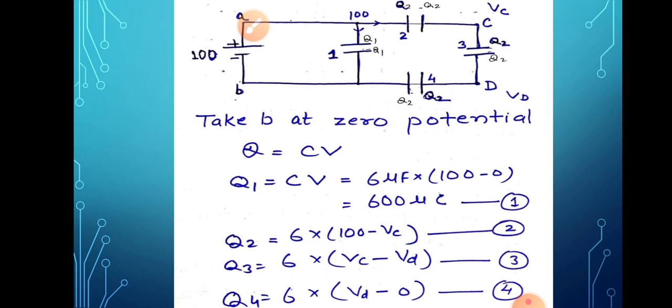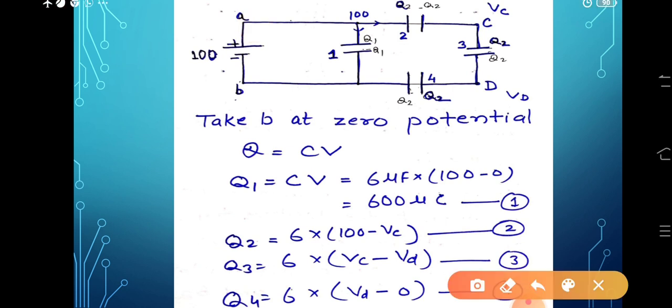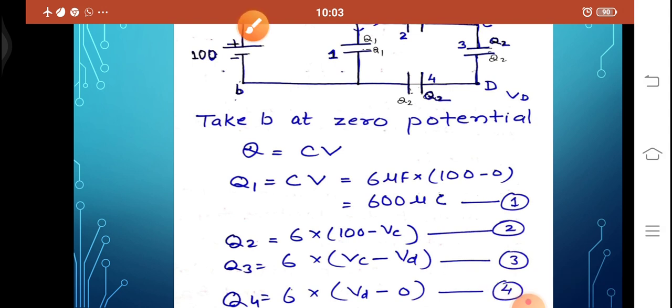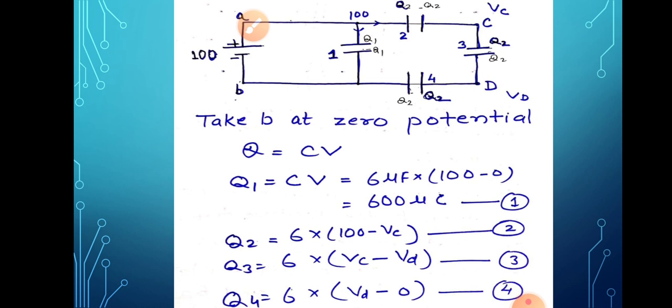We will use Q equal to CV. The battery is here, so 100 volt is here, and the negative terminal is 0. At this point 0 potential, at this point 0 potential. So Q1 will be C1V1, that is C1V.